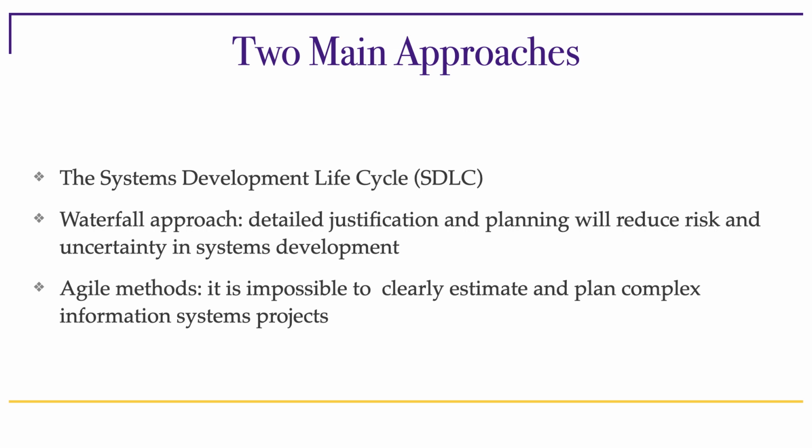So there are two main approaches that I want to discuss. The first one is, let's say, the traditional approach, still in use in many, many organizations, but this is the first attempt that was made to professionalize information system design and development. Because historically, as you know from chapter 2 and chapter 3, information system development projects were subject to high failure rates.